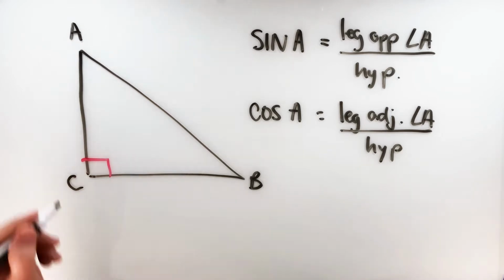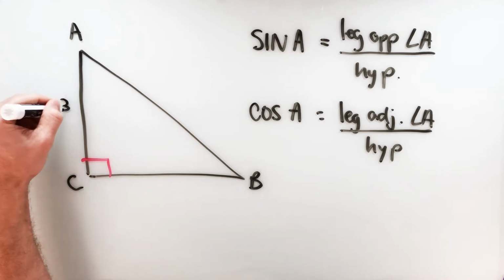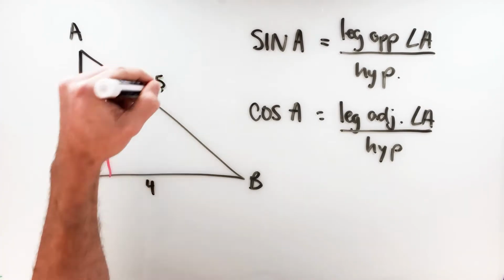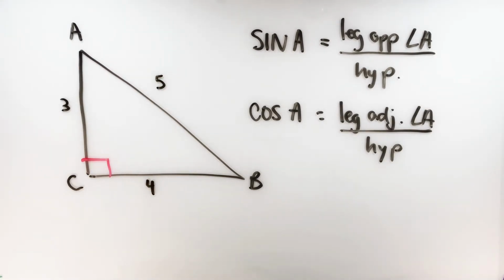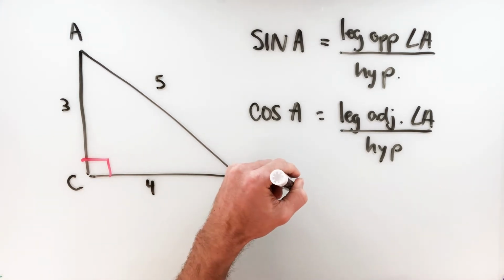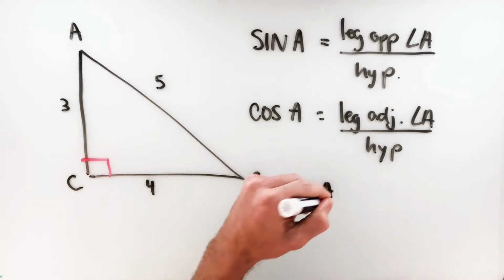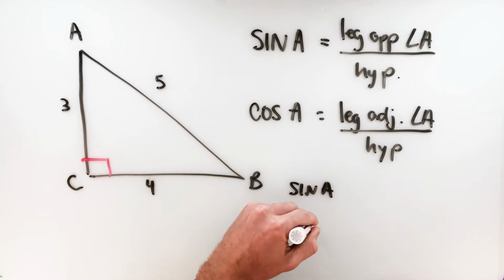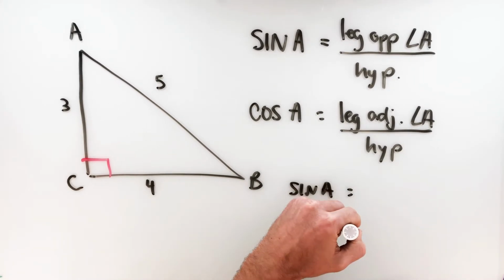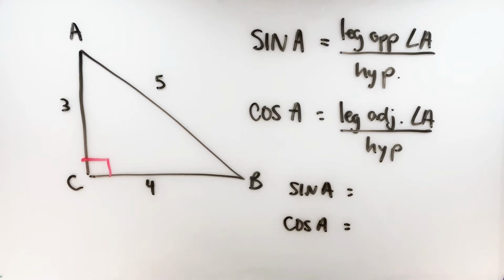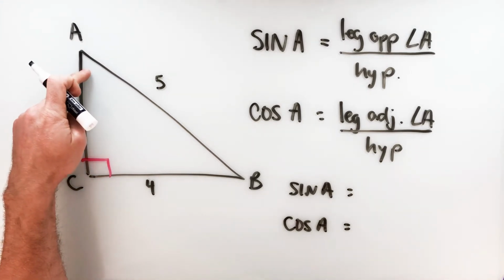Now if we put some numbers in here, we'll go with the 3, 4, 5 right triangle once again. So in a 3, 4, 5 right triangle, I want to write the ratios for the sine of angle A and the cosine of angle A. So the sine of angle A again is opposite leg.